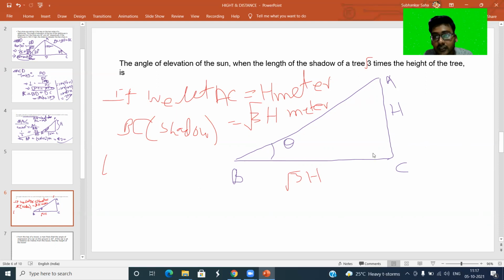In this question only these two values are given.